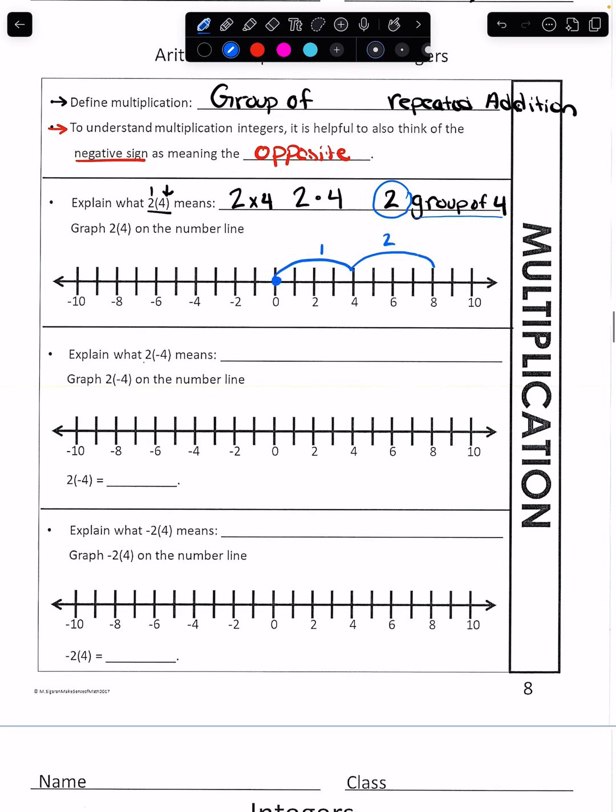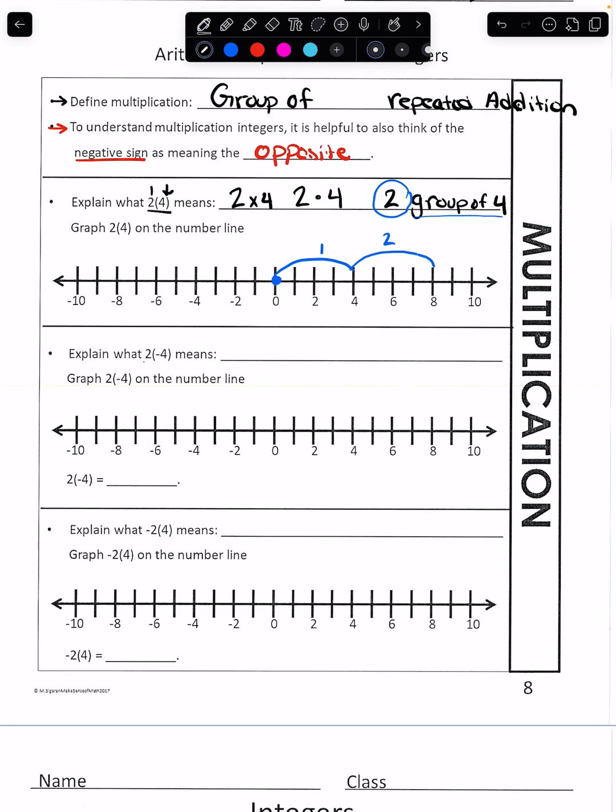All right, moving on. So down here, explain what 2 times negative 4 means. Well, that means I have 2 groups of negative 4. All right. So if I was going to plot that on my number line, I'm going to start at 0.